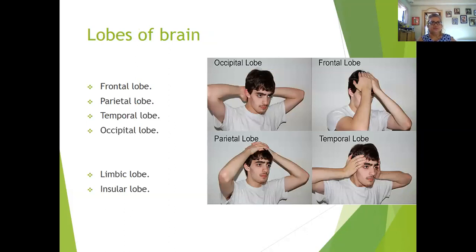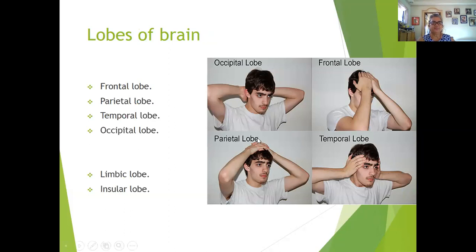So if you are to locate the lobes of your brain, you can use your palms. Your frontal lobe, you can put your palm on your forehead. That will be where your frontal lobe is. And when you put your palm a little bit above your nape, that will be the occipital lobe.